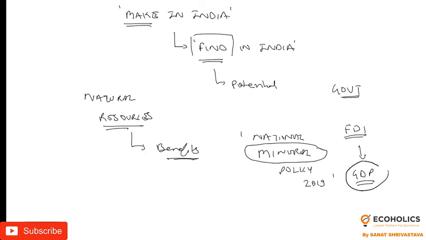So the main aim is, in order to increase the GDP growth rate, how we can use foreign direct investment, especially in mineral, oil and gas sectors like mining. So Make in India will improve, but for that we need to find natural resources in India. That's why it is Find in India. So let's begin with this.